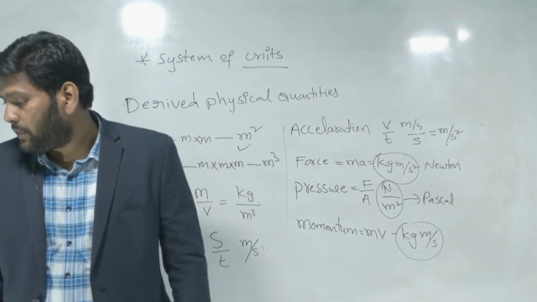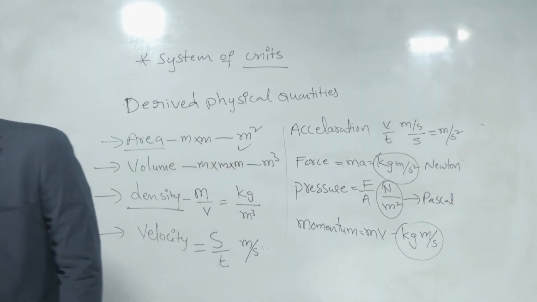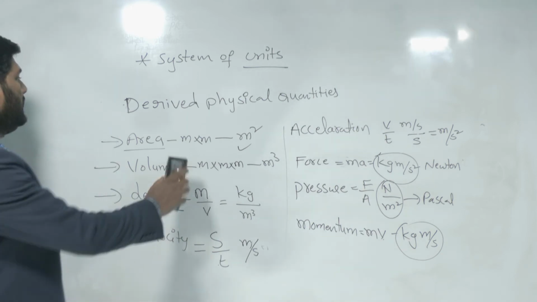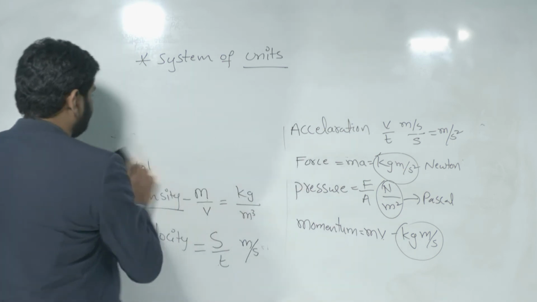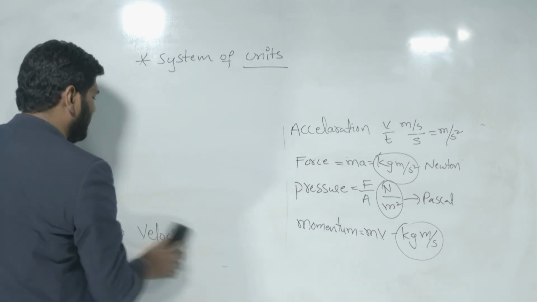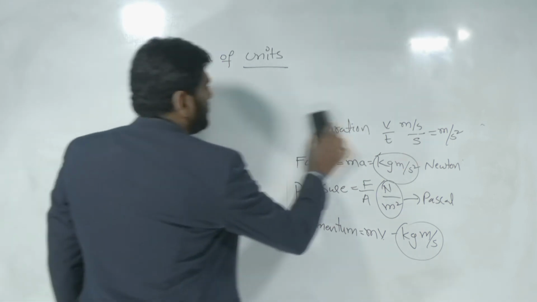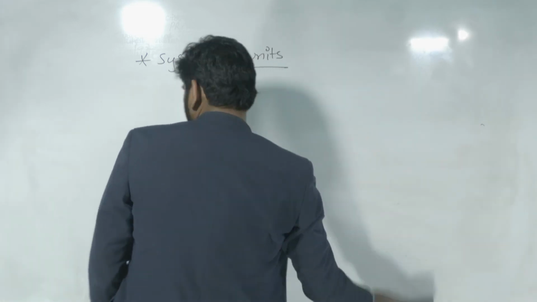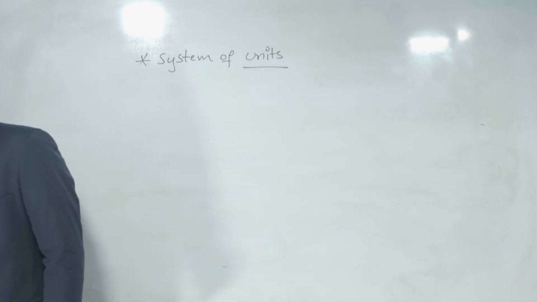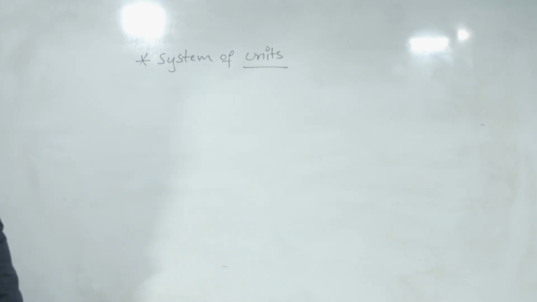And one more type of units we have: supplementary quantities. The supplementary quantities and their units, if I discuss, will close the chapter, the synopsis.